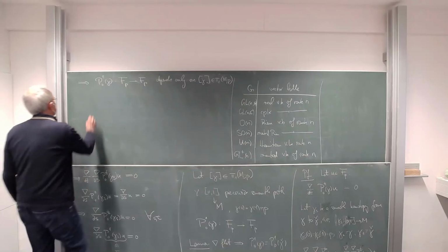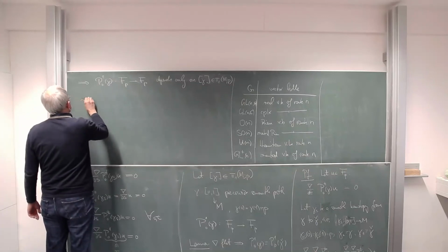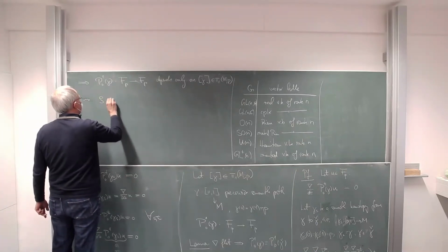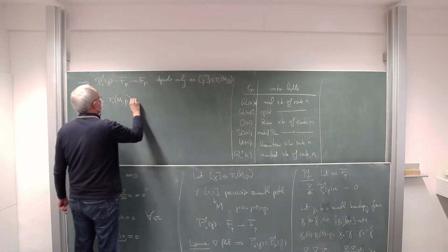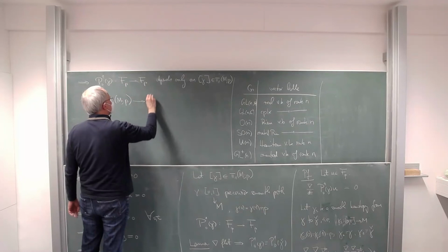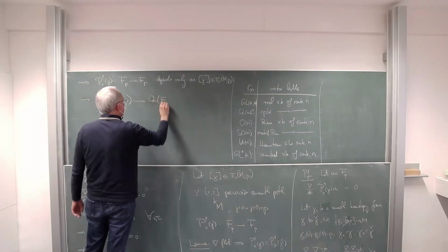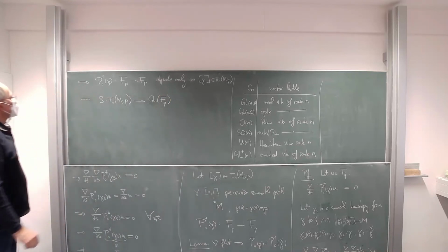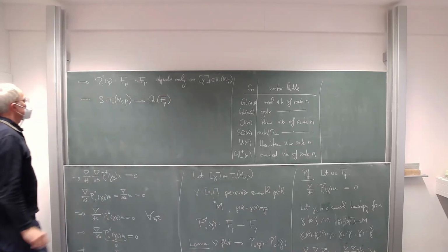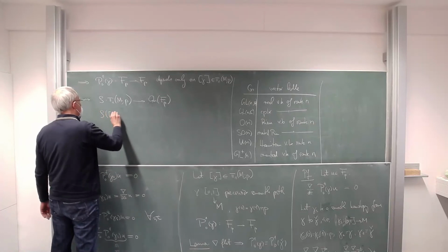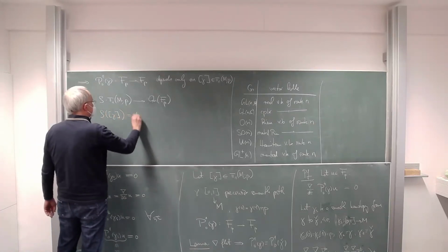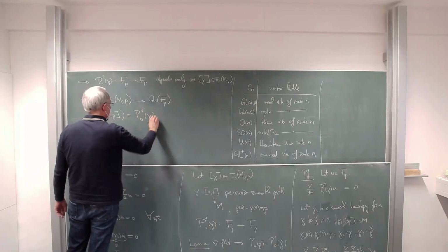So we obtain a map rho from pi 1 to the automorphisms GL of Fp, induced from this, such that rho of the equivalence class of such a path is exactly the parallel transport of the path.